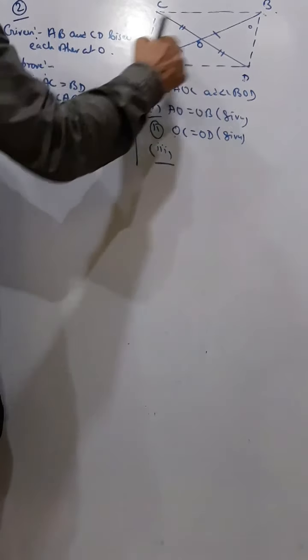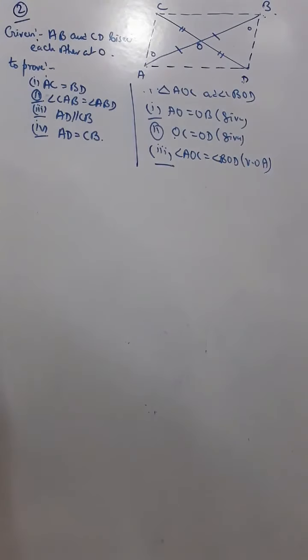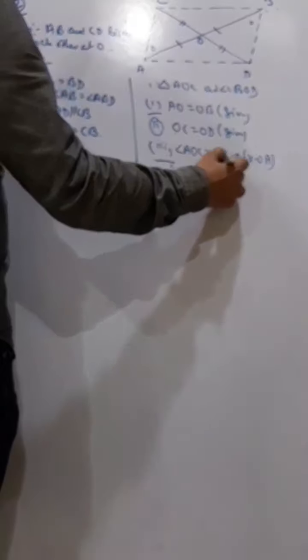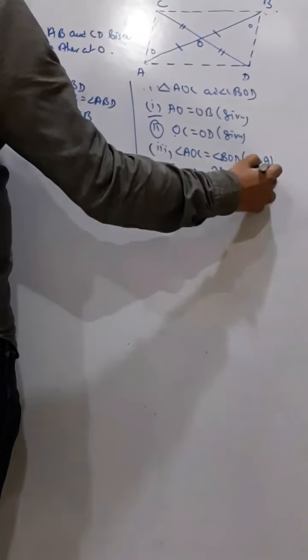And number three, we can say angle AOC is equal to angle BOD, and that is vertically opposite angle. And now we can say therefore triangle AOC is congruent to triangle BOD, and the criterion is side angle side.